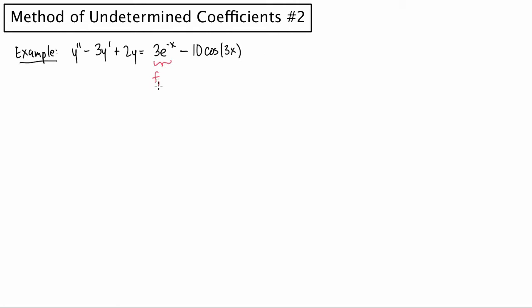I'm going to call this function f1 and this function f2. If I use the operator form of the equation, in other words, this is D squared minus 3D plus 2 applied to the function y, and I call that L, then this equation in operator form is simply Ly equals f1 plus f2.